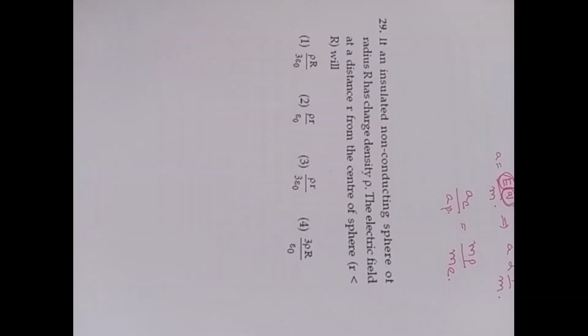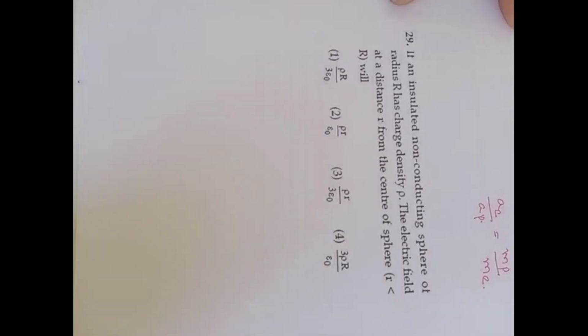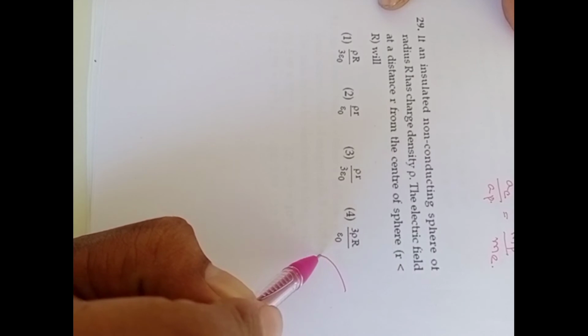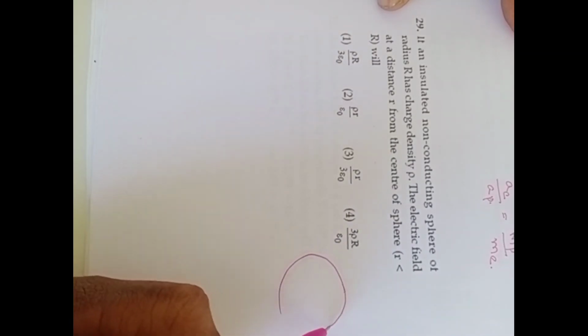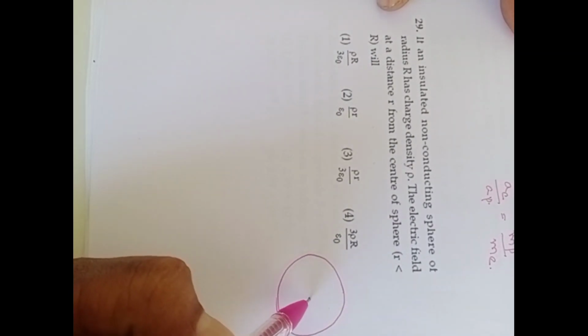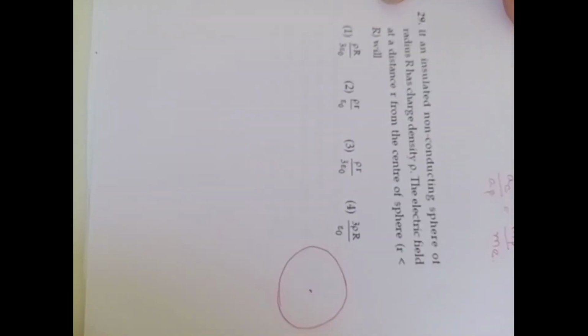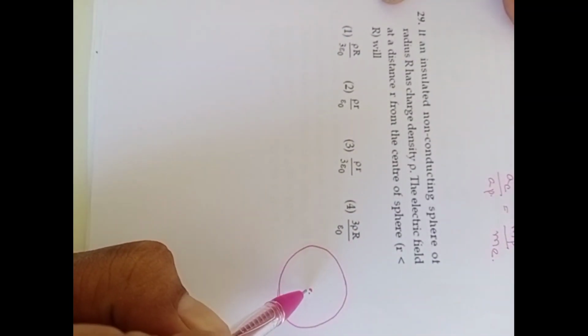Inside the sphere also electric field will be there. The electric field at a distance smaller from the center of the sphere will be. Here there is a sphere. What is its radius? Capital R.